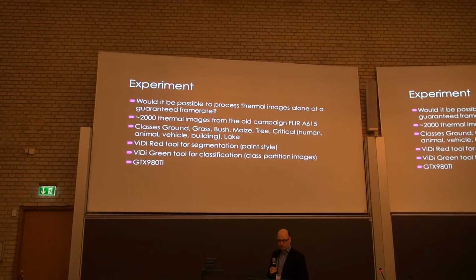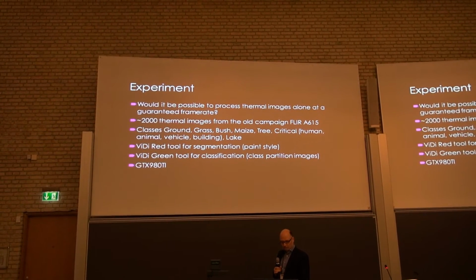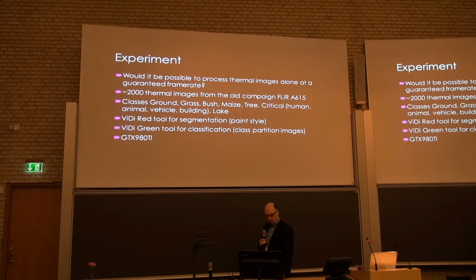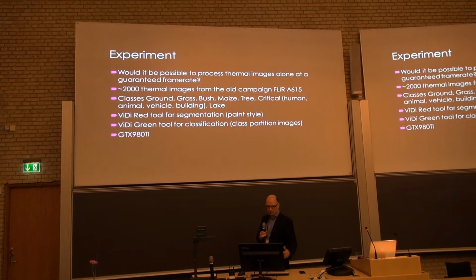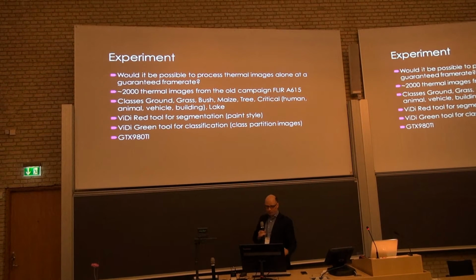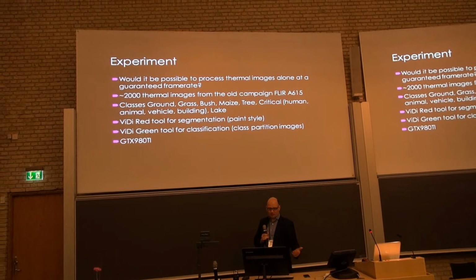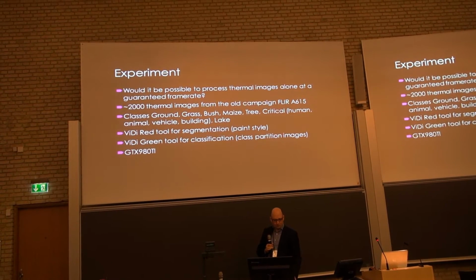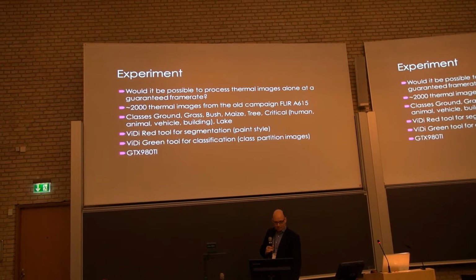Critical was humans, animals, vehicles, and buildings. I also had issues in the old project detecting the lakes, so I tried that one too. Of course that would be critical too, but it's critical in a different way. It's more like a negative obstacle, while the others are what we call positive, sticking up.